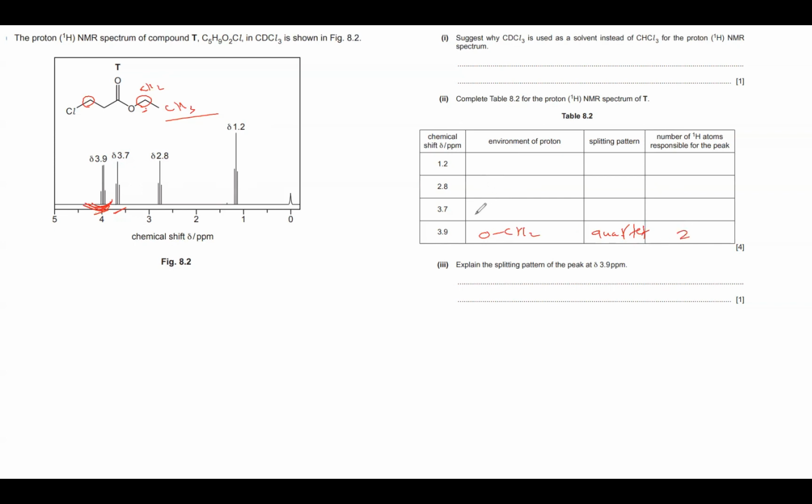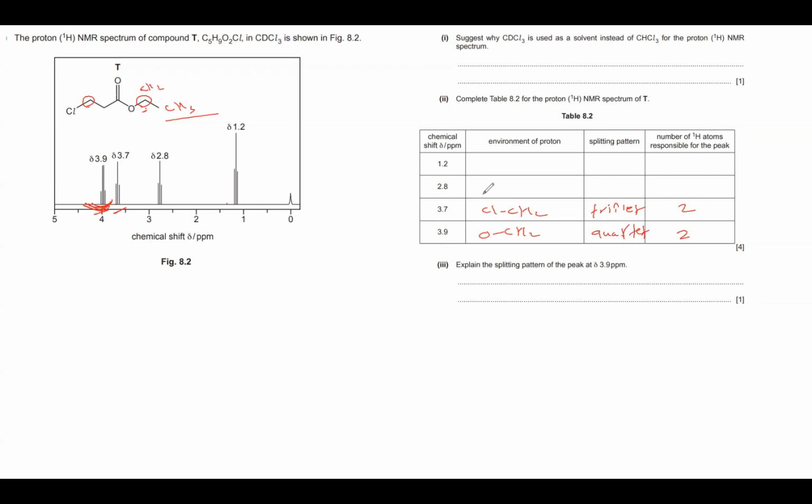And for 3.7, it must be ClCH2, we have a triplet, and we have 2 hydrogens.